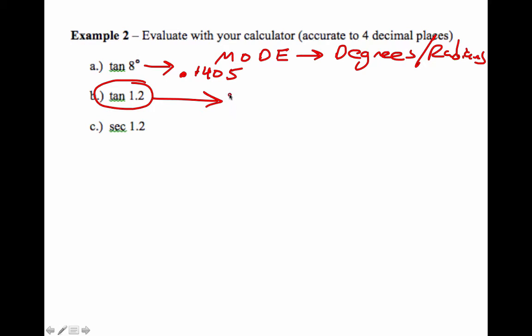So I need to make sure that my calculator changes over to radians, and then I'm going to do tangent of 1.2, and I get 2.572. I guess that would be another 2 if I was going to round to 4 decimal places.